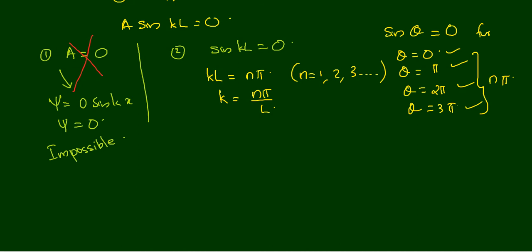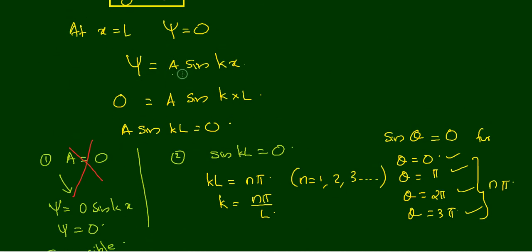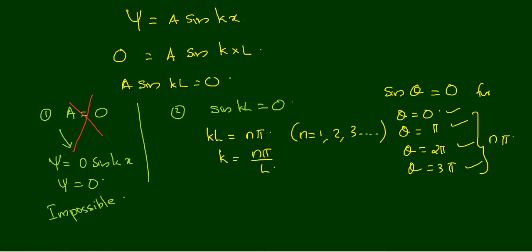What was our first refined wave function? Psi is equal to A sin kx. And now we are going to substitute for k in this equation. Then we will get the next refined equation, that is psi is equal to A sin, where K is equal to n pi divided by L, into what is remaining, x.